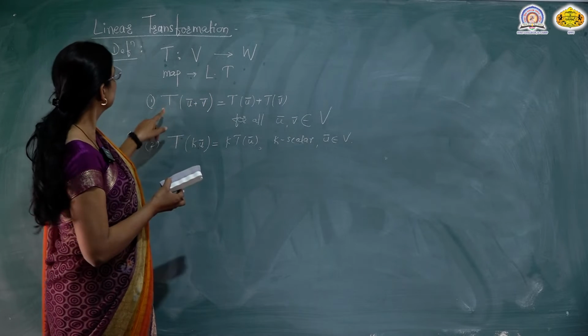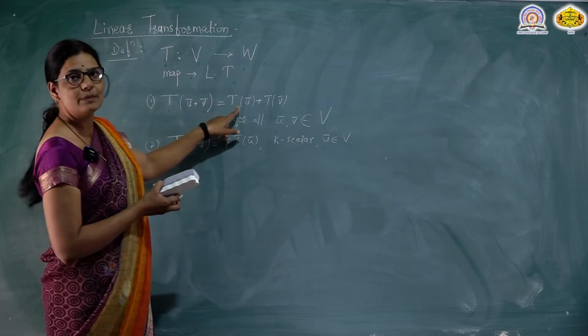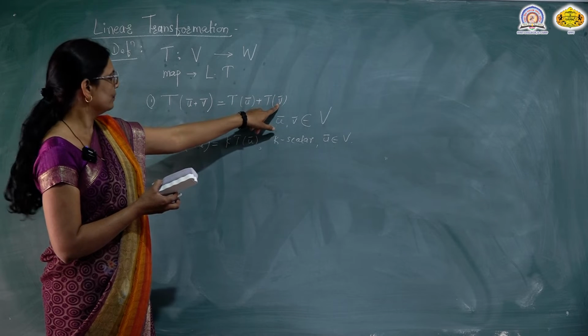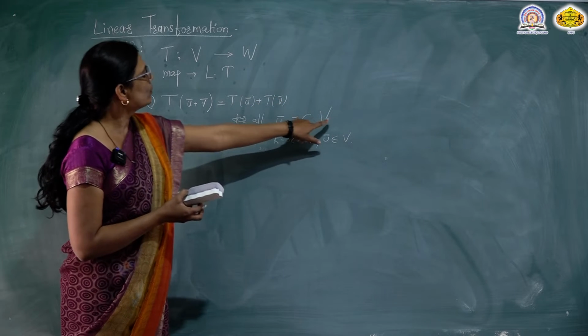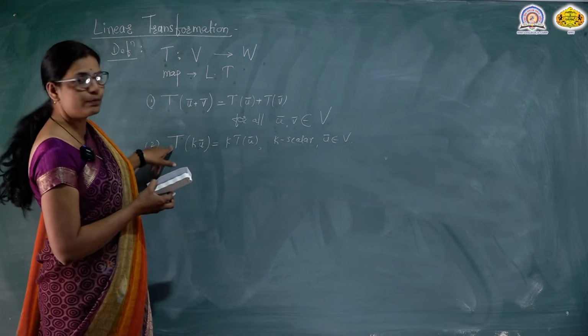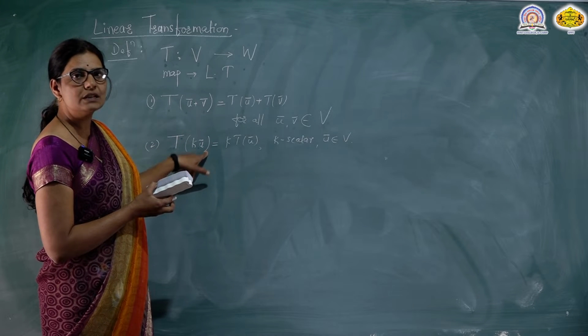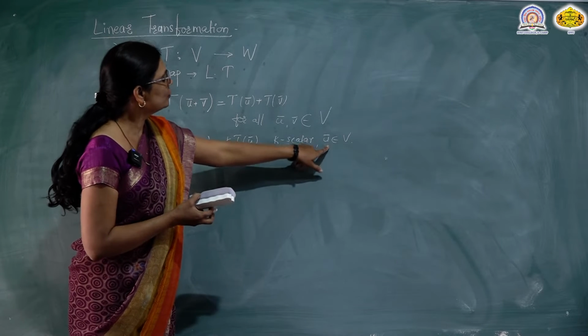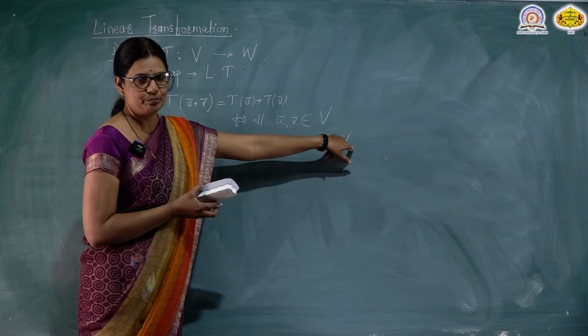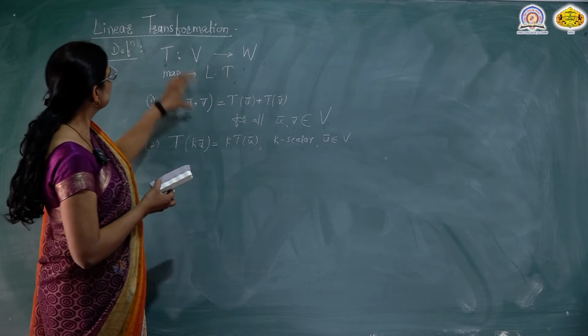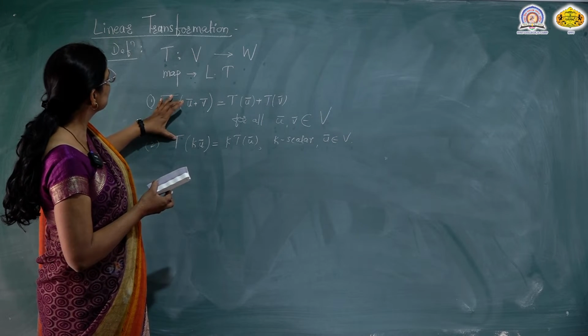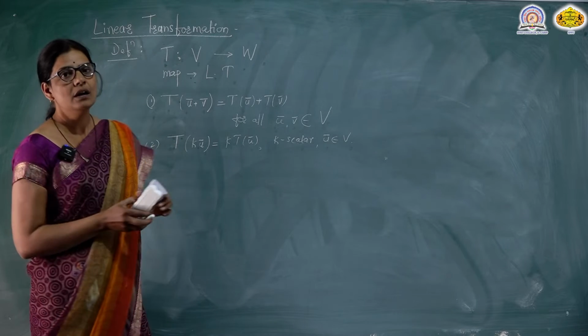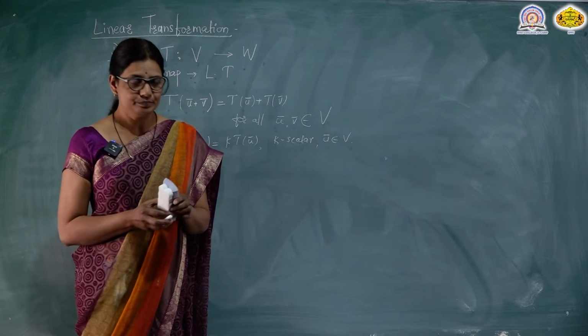First property is T of u plus v is same as T of u plus T of v for all u, v belongs to V. Second property is T of ku is equals to k times Tu, where k is a scalar and u is a vector in V. So any mapping with these two properties is said to be a linear transformation.